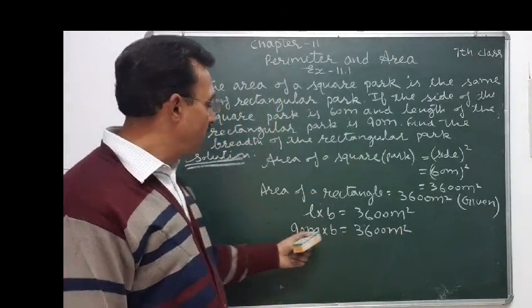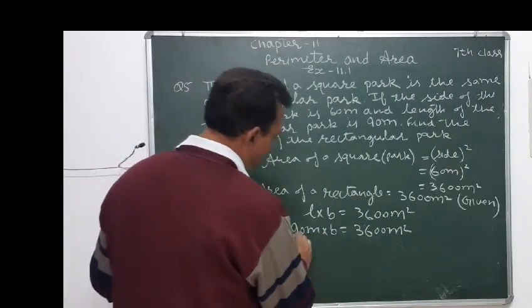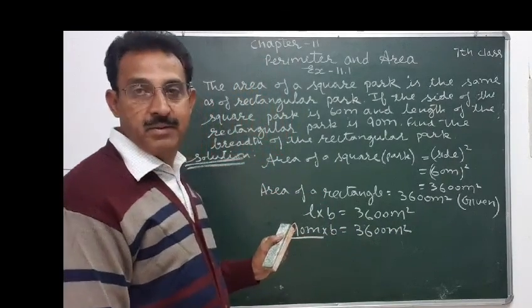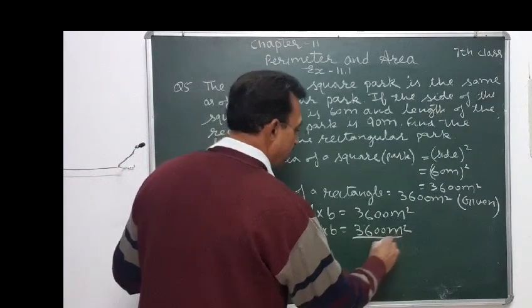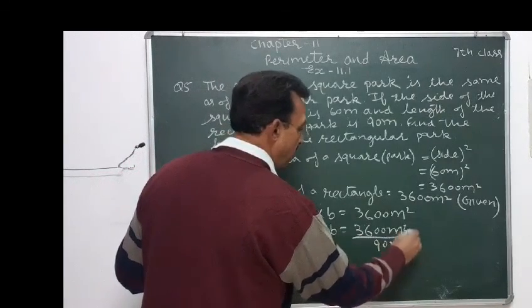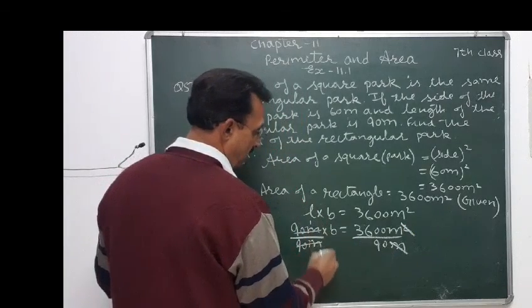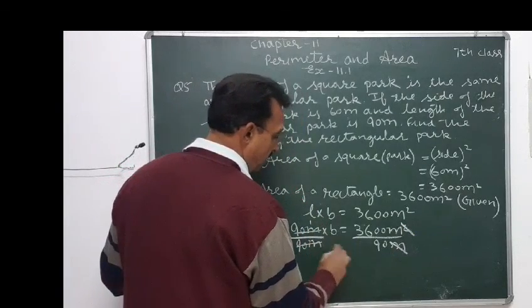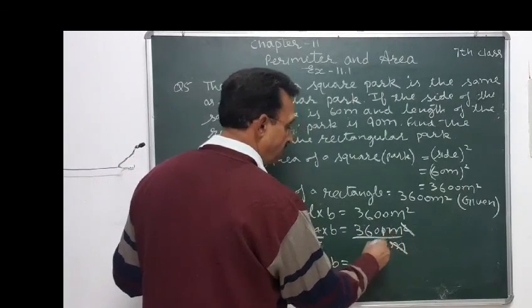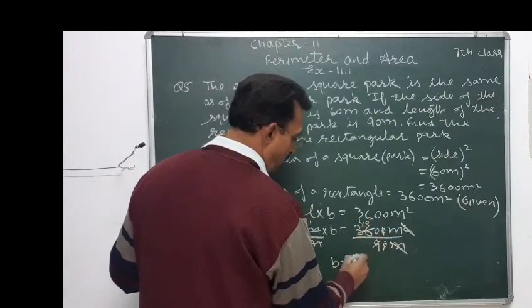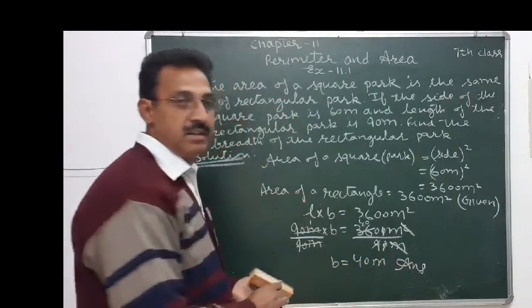So we have to find out the value of B. So we'll be eliminating this 90 meter by dividing both sides by 90 meter. So here comes B is equal to 40 meter, and this is the answer.